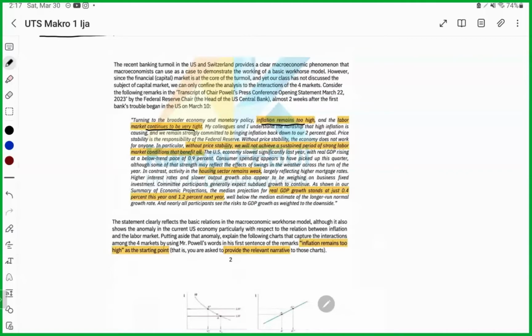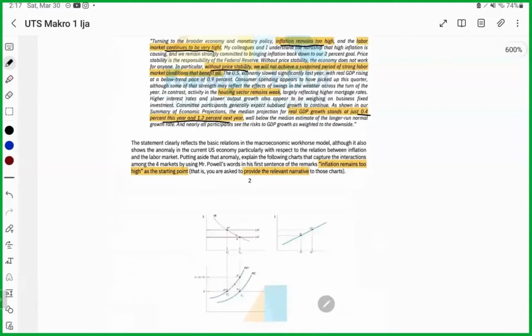And then there is price instability. Also, the real GDP growth is just 0.4% this year. And yeah, those are the important things.